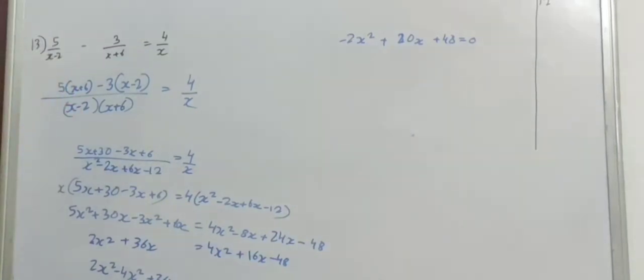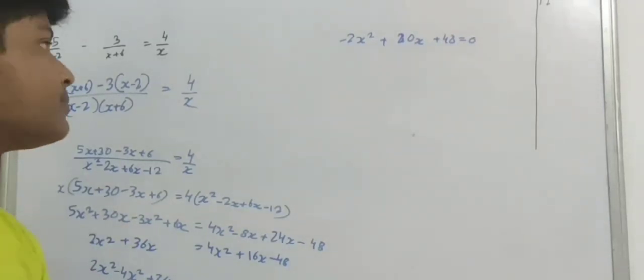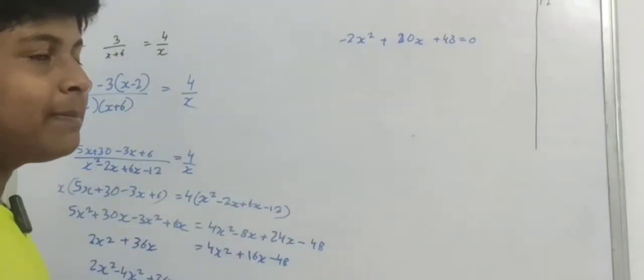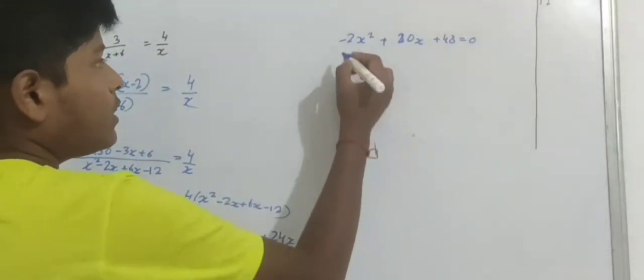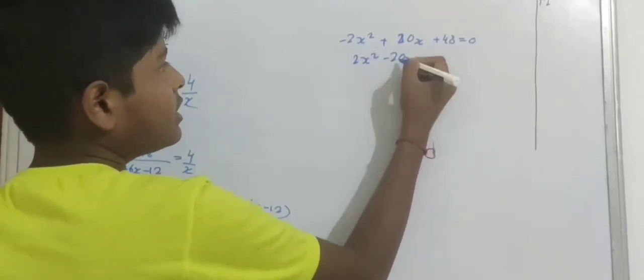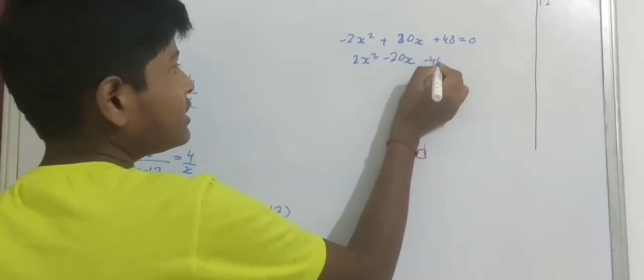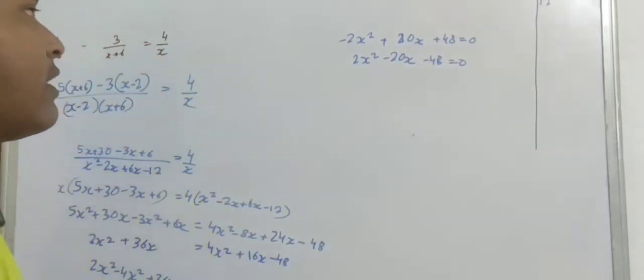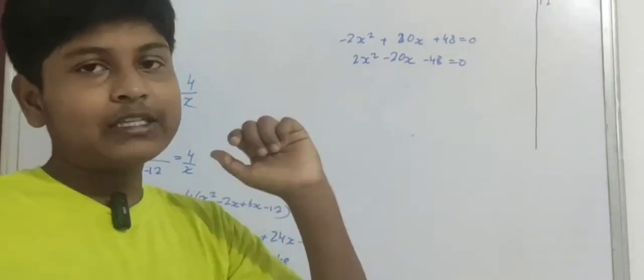I have sent minus 48 to left side, and on solving this it will be 20x, 36 minus 16 is 20, and 2 minus 4x is minus 2. Now make the sign positive, we will multiply with minus 1. So it will be 2x square minus 20x and minus 48 is equals to 0.